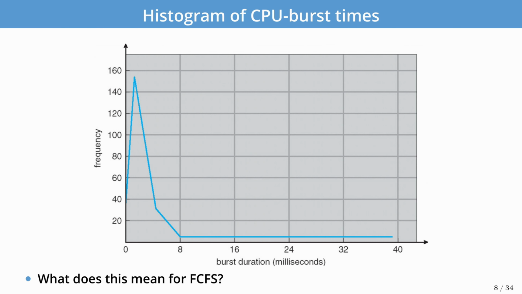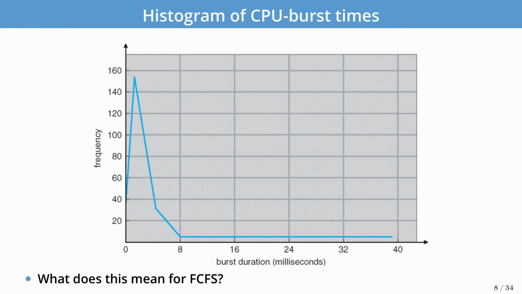One of the insights that's going to help us with making scheduling decisions is realizing that for most programs, they have really short bursts of CPU. They use the CPU for a few milliseconds. Then they release the CPU in order to complete some I/O request.